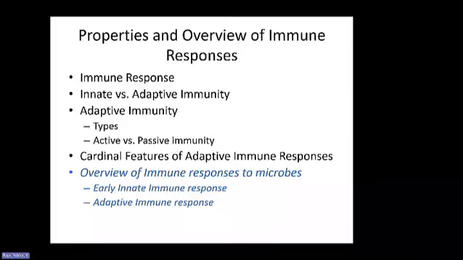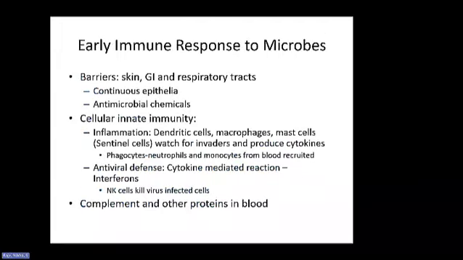All right. And then once we have looked at these features, we want to talk about the overall response to the microbes with early innate immune response and then late adaptive immune response. So let's see how that works.